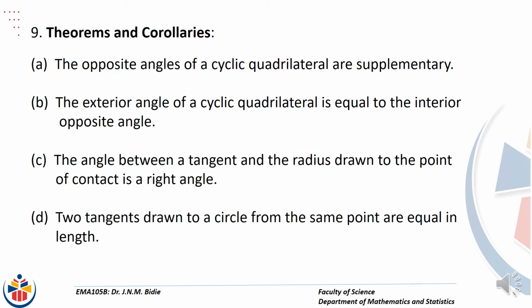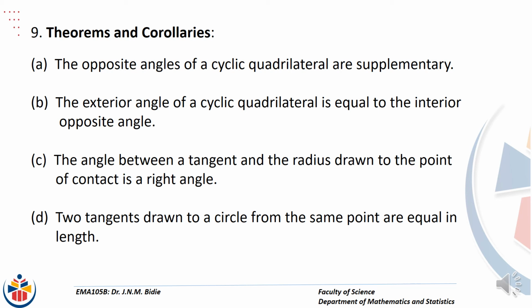Then we've got some theorems and corollaries that we need to recall. Opposite angles of a cyclic quad are supplementary. Exterior angle of a cyclic quad is equal to the interior opposite angle. The angle between a tangent and the radius drawn to the point of contact is a right angle.